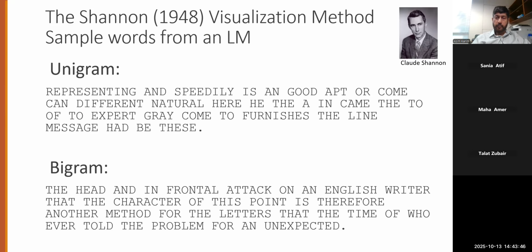So Claude Shannon, of course, for those who follow history of science, may know this person. So this person is sometimes called the father of information theory, mathematician, electrical engineer, computer scientist. सारी चीज़ों में ये है. And he also worked in a little bit of linguistics and language and computer science.